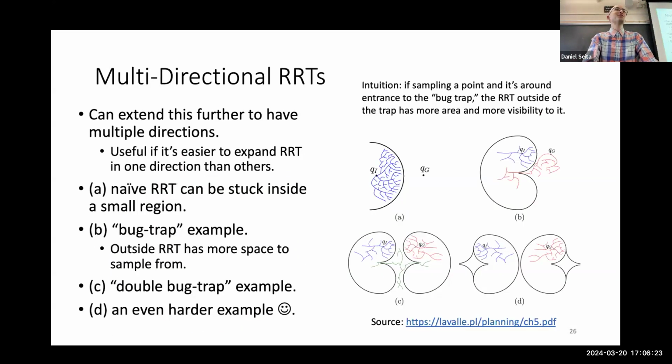All right, multi-directional RRT. Again, I keep telling you that there's a lot of variance. So, what's your reaction to this? What do you think is going to happen here now? We just talked about bidirectional. What does multi-directional mean?